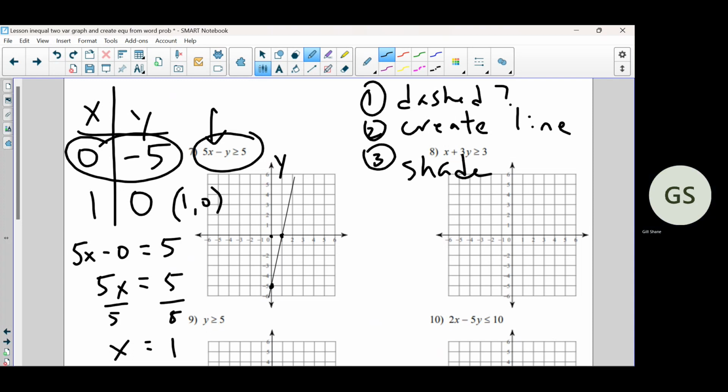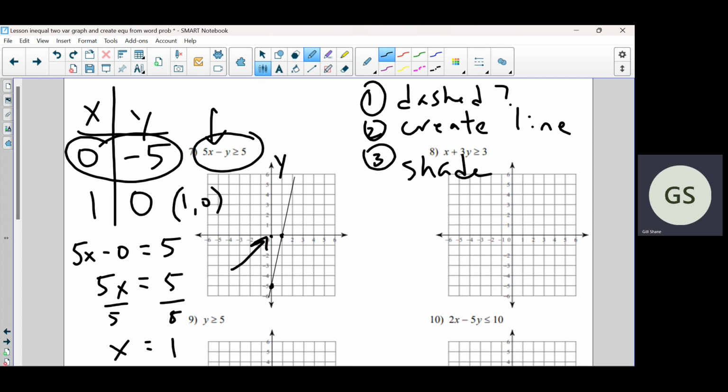is shade. So to do step 3, we want to test, and you should have all these steps written down from other lessons. We want to test 0, 0 just because it makes our math easier. If this point right here, point 0, 0, is a solution, every point on that side of the line is a solution. If it's not a solution, then no points on that side are solutions.